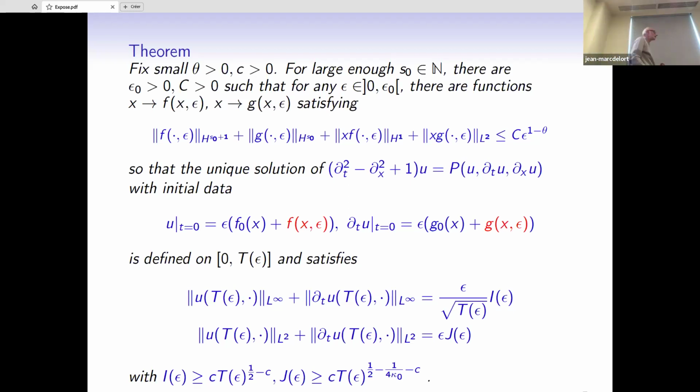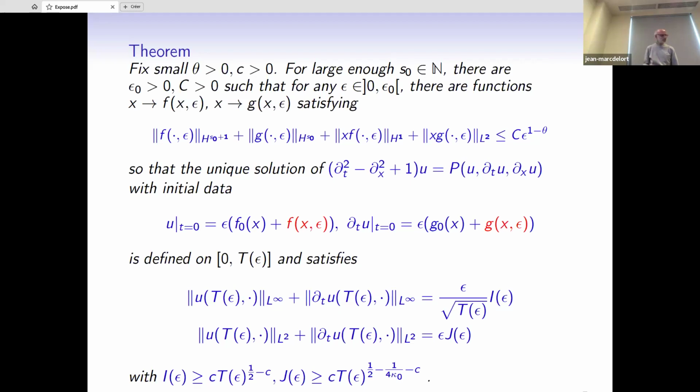This is not a theorem which tells you that for the explicit initial data f0, g0 you have inflation of norms. It tells you that taking f0, g0 satisfying the assumptions, you may find in an arbitrarily small neighborhood of f0, g0 initial data that will bring the norm inflations that I shall describe now.